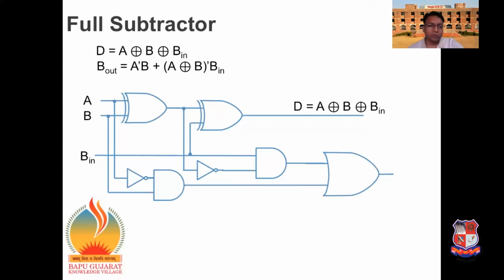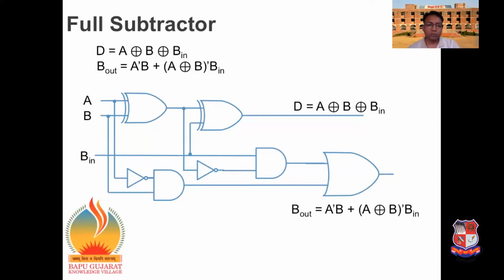For the borrow, the NOT gate, meaning the complemented A, is applied as an input for the first AND gate with the B input, and the second AND gate has B in applied with the complemented output of the first XOR gate. Both AND gates are added by using an OR gate, which gives the final borrow output B out.